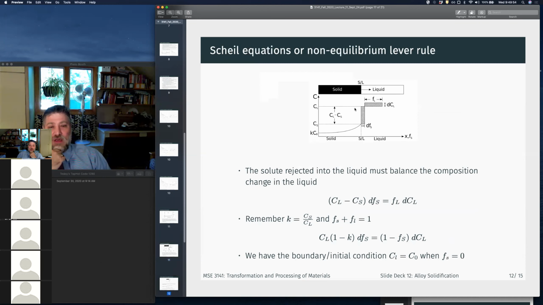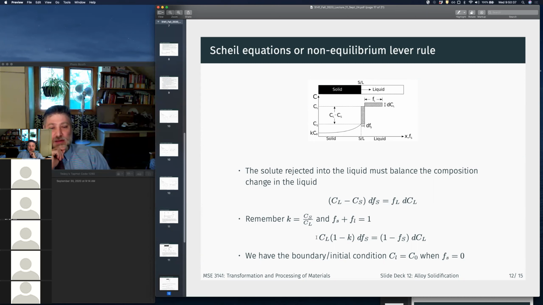The solute that is rejected into the liquid has to balance the composition change in the liquid. So this is just a mass balance. We define our partition coefficient as the composition of the solid over the composition of the liquid, and the fraction of the solid and the fraction of the liquid have to equal 1. We can plug these in, and we get this differential equation here.